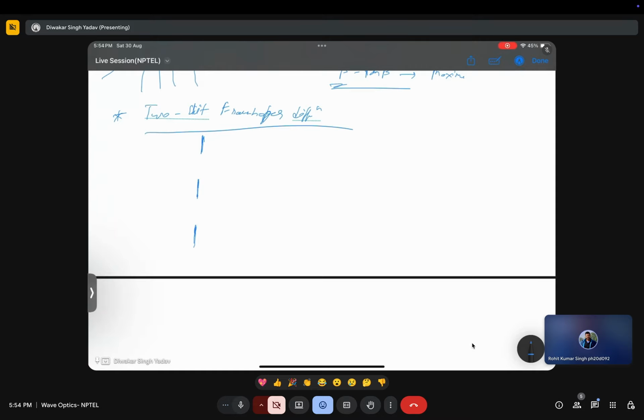That is a natural question that arises. They are basically the same thing, and in some limits this two slit Fraunhofer diffraction will give you exact results of Young's double slit experiment. So they are not very different, but let's see what happens.